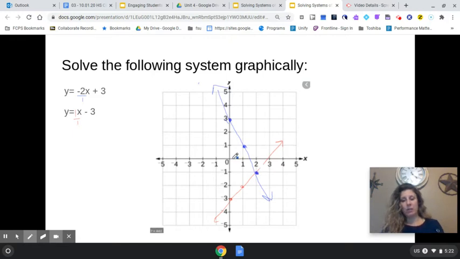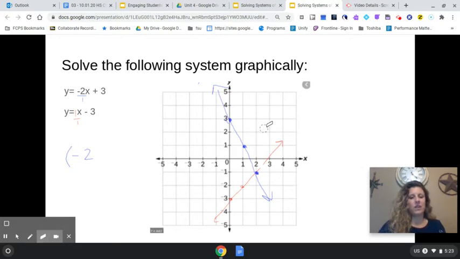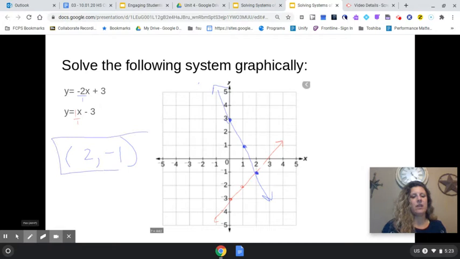So that coordinate point is 2, negative 1. So we write our solution as a coordinate. Whoops, that was positive 2 and negative 1. So positive 2, negative 1 is my solution to this system of equations.